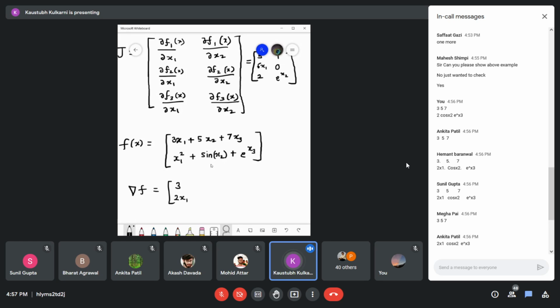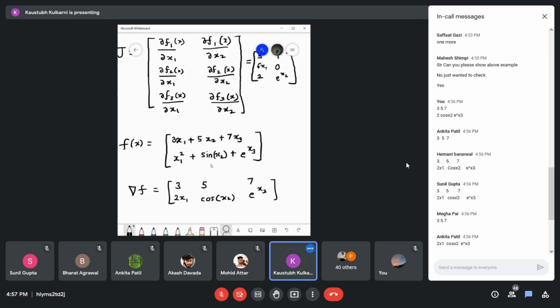In tutorial I'll give you some examples which will require those rules as well. But right now to understand this concept, I hope these simple examples are sufficient. This is with respect to x2, and with respect to x3 is 7 e raised to x3.